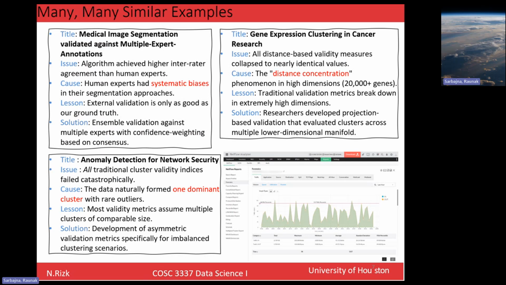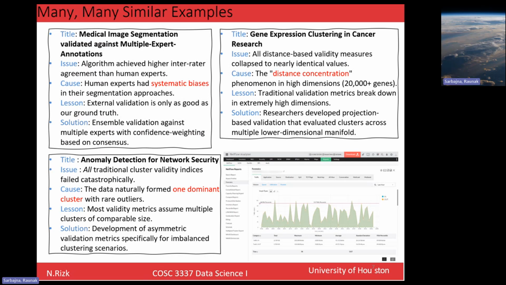So you have to figure out an asymmetric validation metric, to look at the actual data to figure out what's going on. Right. So again, these are real world examples of why we need to do cluster validity analysis and why it is easier and harder in different conditions.